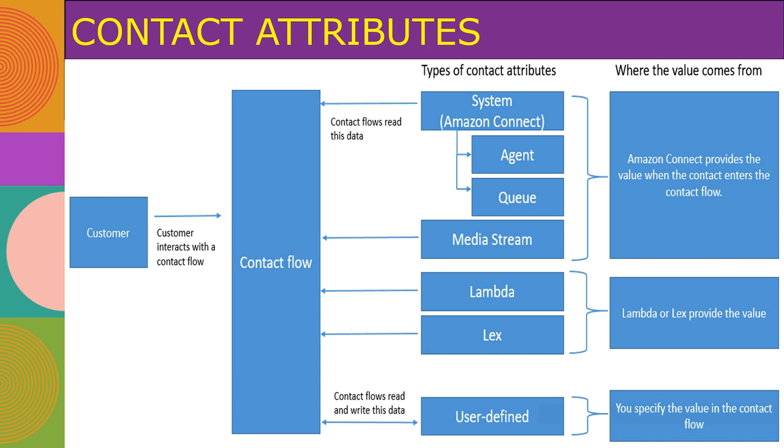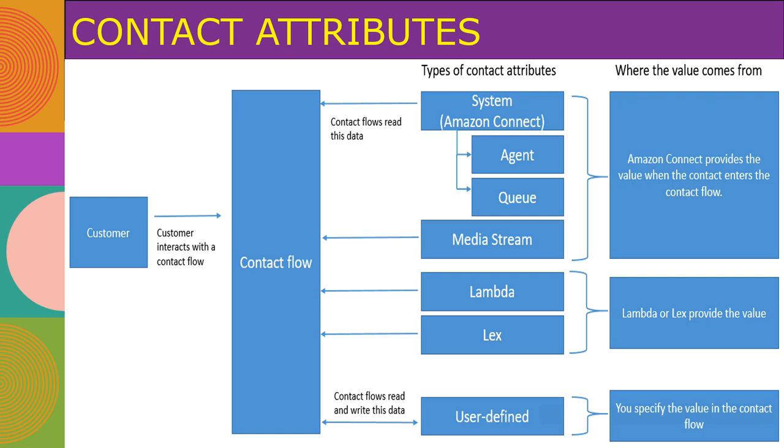And the thing is that you're always aggregating things or aggregating text. Like if I get the first name and last name of the customer, I want to say, oh, the full name of the customer: first name, last name, whatever it may be. But that's a user defined variable. You define that in the contact flow.